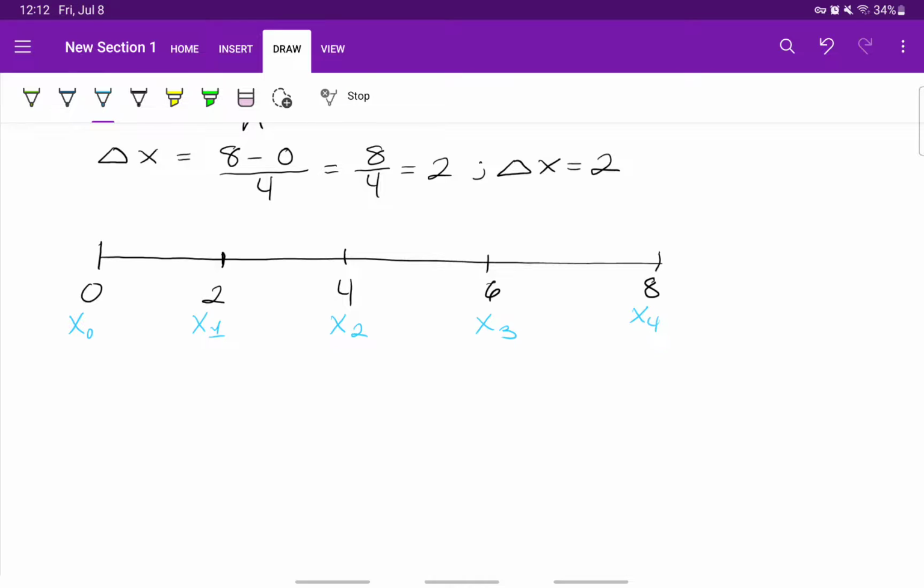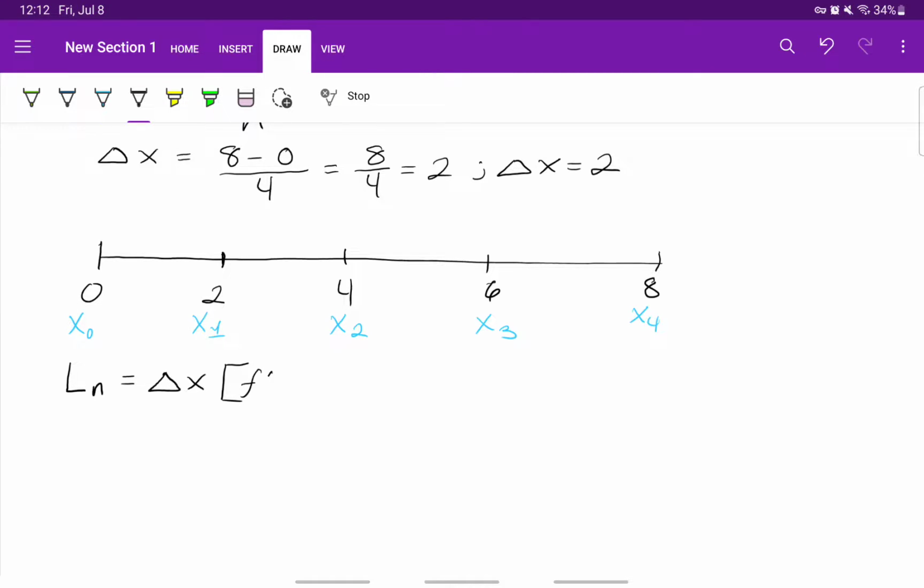Now it says you want to find the area under the curve using left endpoint rectangles. So to find left endpoint rectangles, the area is going to equal delta x times, in brackets, and remember, it's going to be left oriented. So we start at x sub 0.